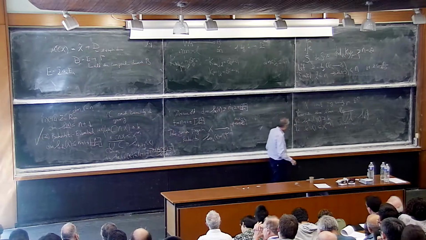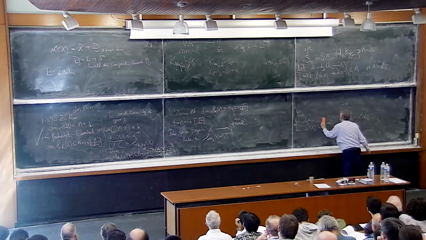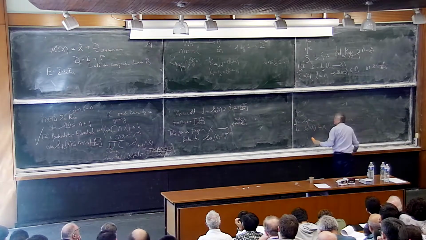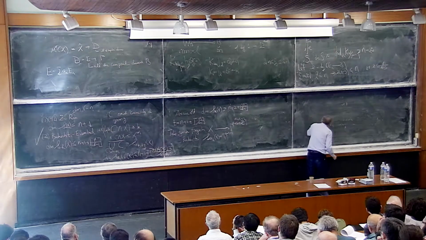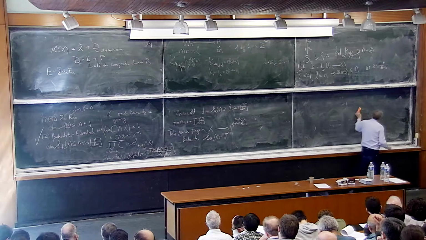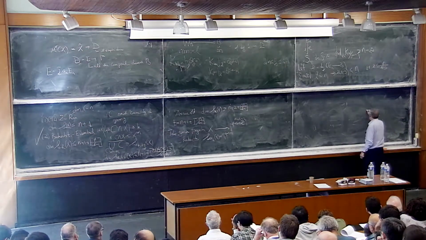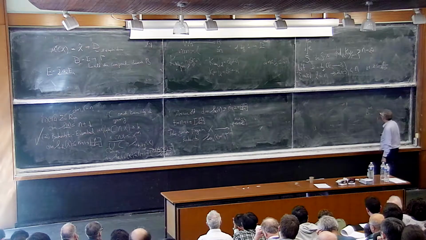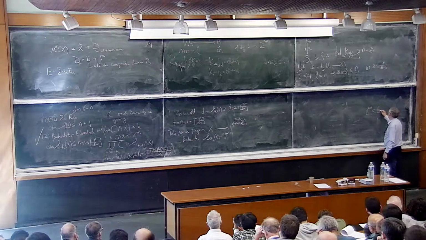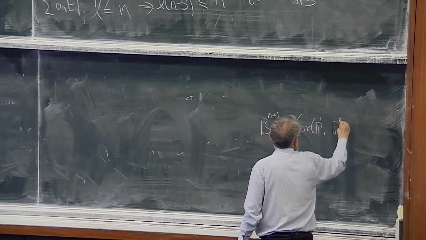And then just like before, you can take an n plus t dimensional family of lines inside a Grassmannian.